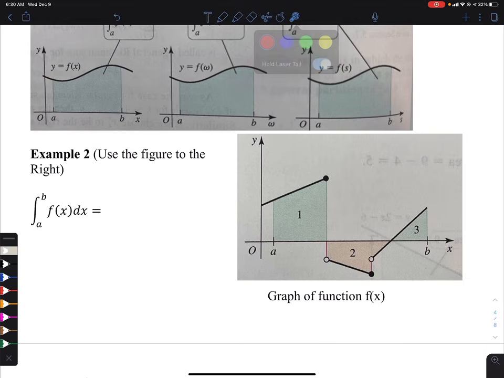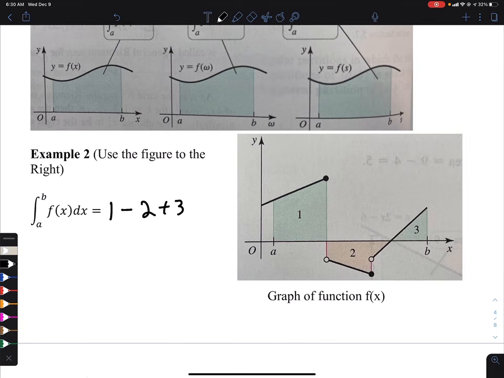So I have an area above, which is 1, minus the area below, which is 2. And then this last one's above, so it's going to be plus 3. Looking at that, 1 represents the area above, 2 represents the area below, 3 represents the area above. So it should be 1 minus 2 plus 3.